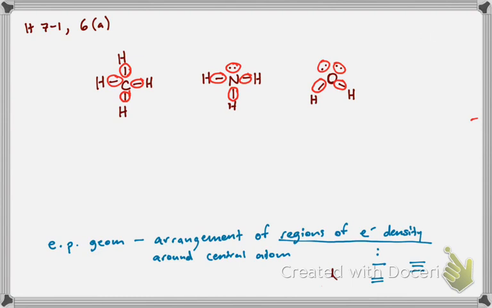So now we're ready to do our electron pair geometries for each one of these, okay? And they all have the same number of electron regions around them, which is 4. And the best way to arrange these 4 regions is a tetrahedron. So I'm going to draw the tetrahedral shape around each of the central atoms.